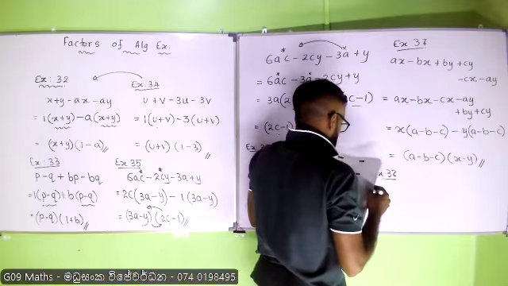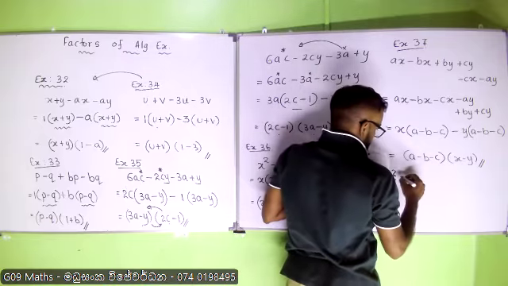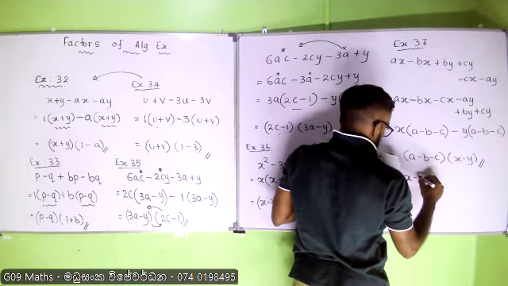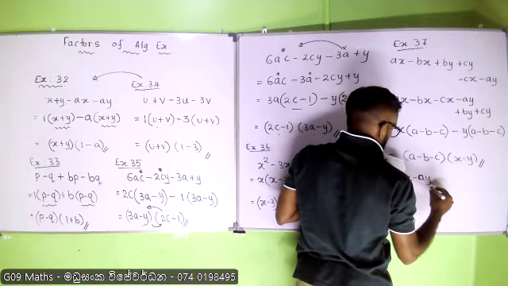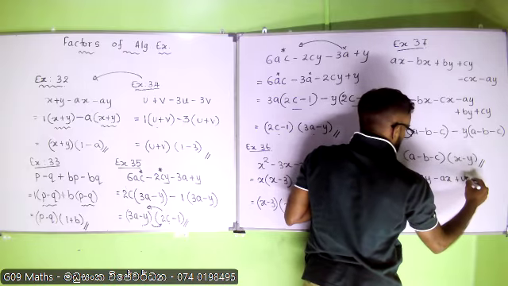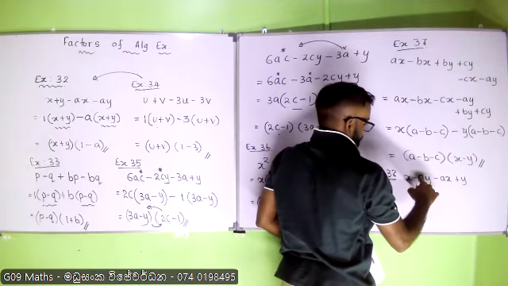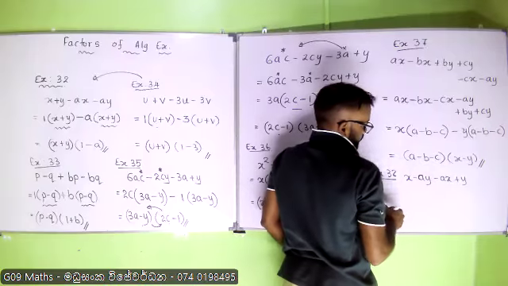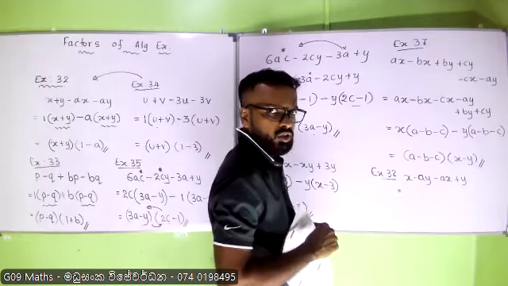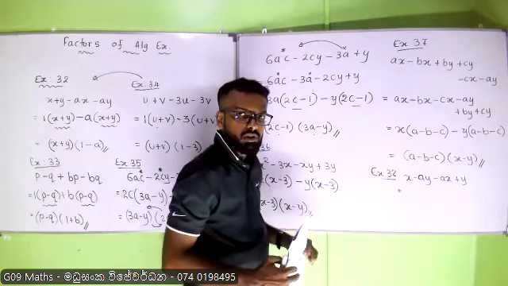Example number 38. We have here x minus ay minus ax plus y. Equal mark. So, what is to be done?